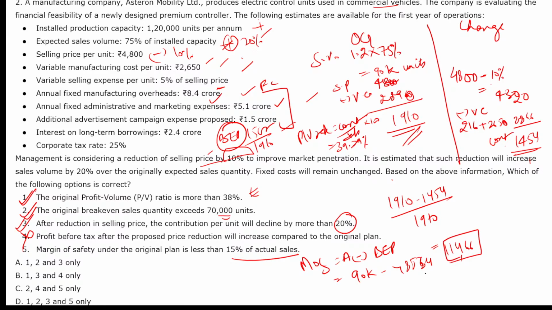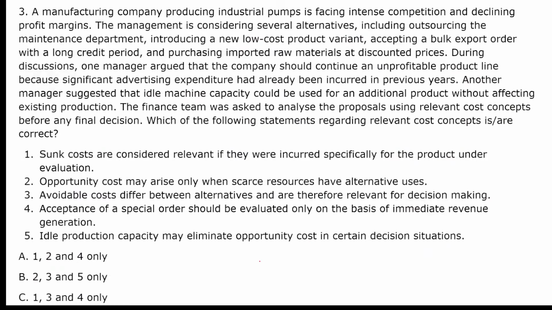So your percentage will be 11,466 divided by 90,000 into 100. That is your percentage margin of safety, which is 12% approx. It is less than 15, so this is also correct. So the correct answer will be D. D is the correct answer.